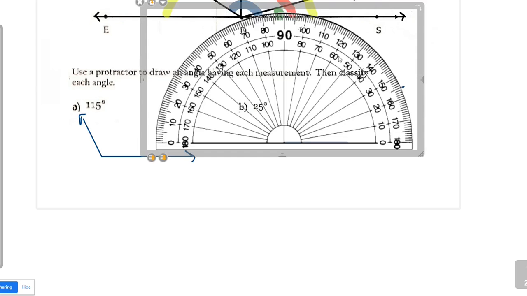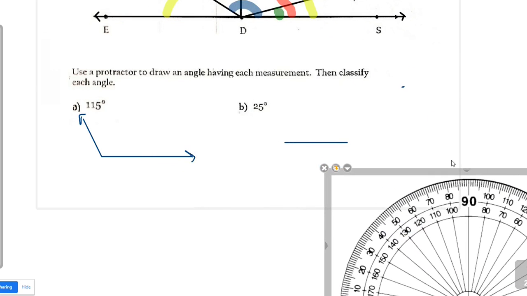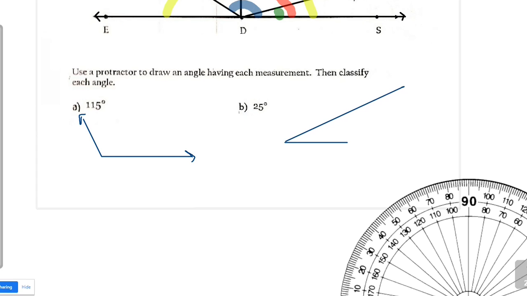Move your protractor out of the way, and then draw your line. Use a ruler to connect, and then you can get rid of that excess. So there is a 25-degree angle. That is your lesson on angles. Please reach out if you have any questions.